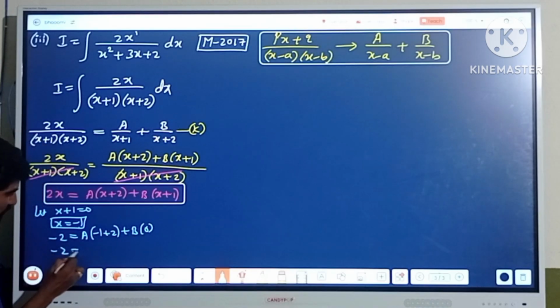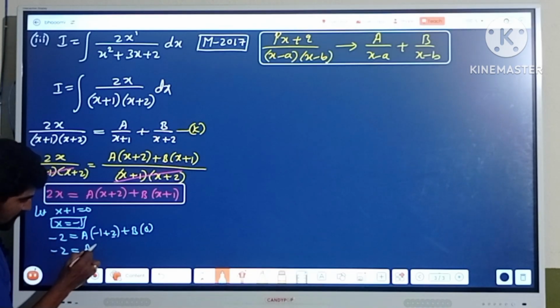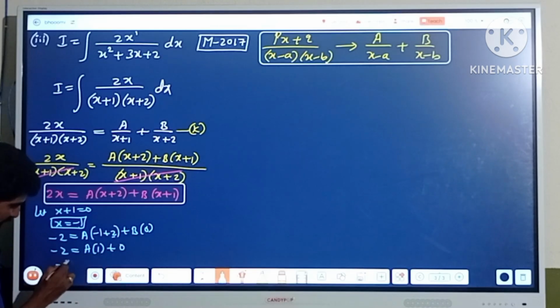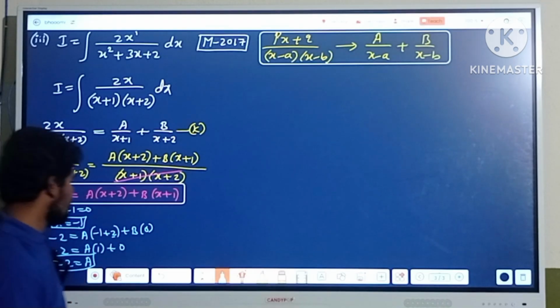So −2 equals A into (2 − 1) which is 1, plus B into 0 which is 0. Therefore −2 equals A into 1, so A is −2. So we got the value of A. I hope all of you understand.